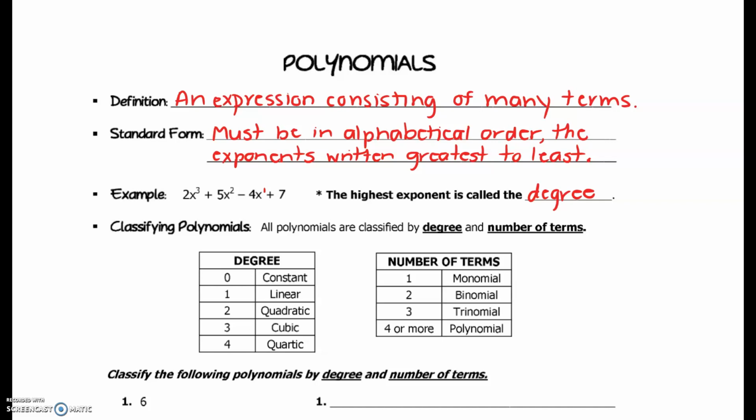So degree is the same as the exponent or the power of the highest exponent, and the number of terms is the amount of basically pieces of this expression. So if you look at your example here, you have 4 pieces to this expression, which means there are 4 terms in that expression here.